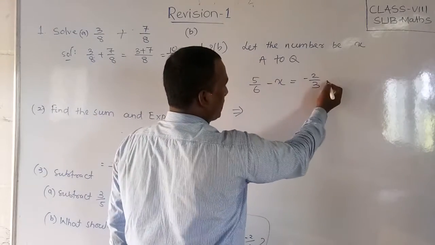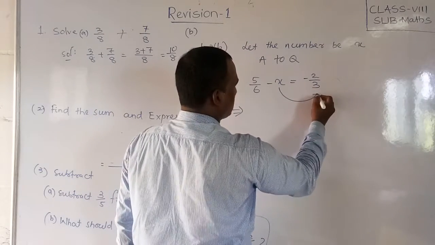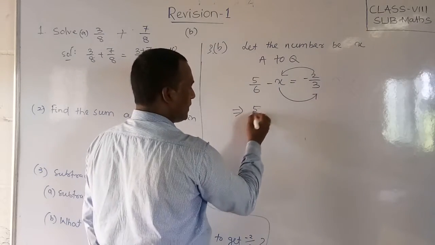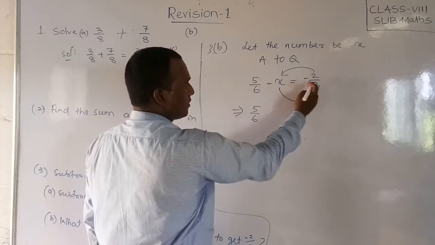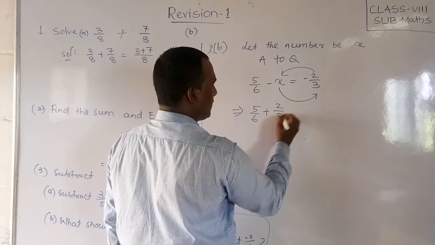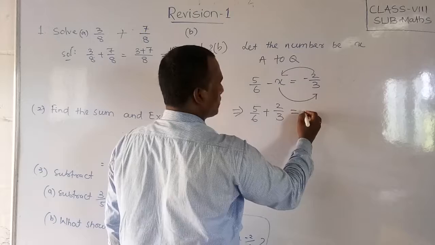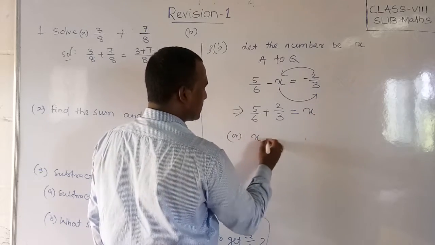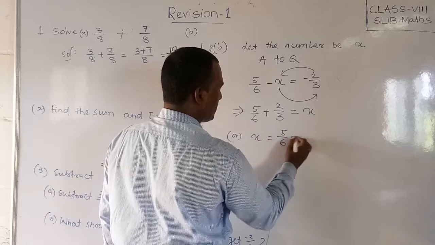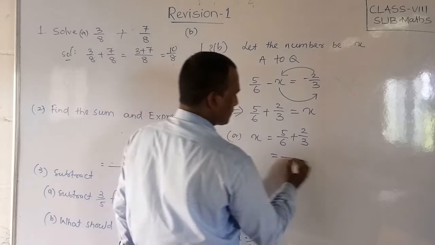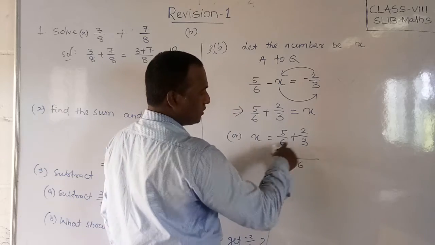Students, observe here: this minus sign, x, will go to the right side, and the minus 2 by 3 will come to this side. Now 5 by 6 stays here, and 2 by 3 comes to this side as plus, and the minus x goes to the other side as x. So we can write x is equal to 5 by 6 plus 2 by 3. Take the LCM 6, because 6 is a multiple of 3.